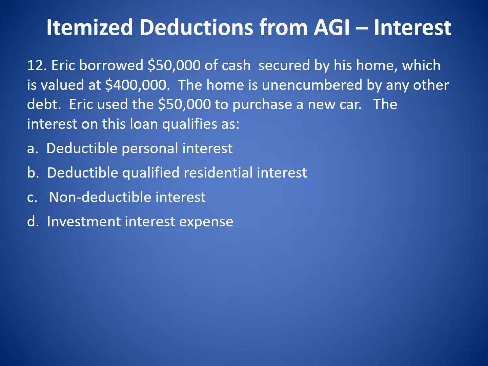The interest on this loan qualifies as, and you have four choices. Go ahead and stop the video when you're ready, restart the video, and you can view the answer slide.